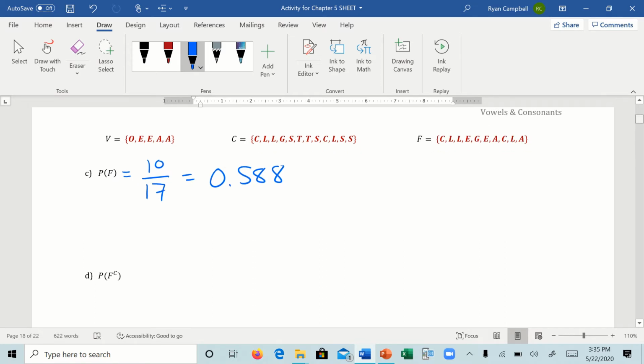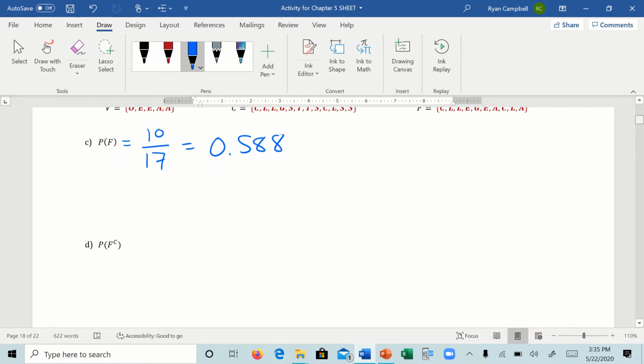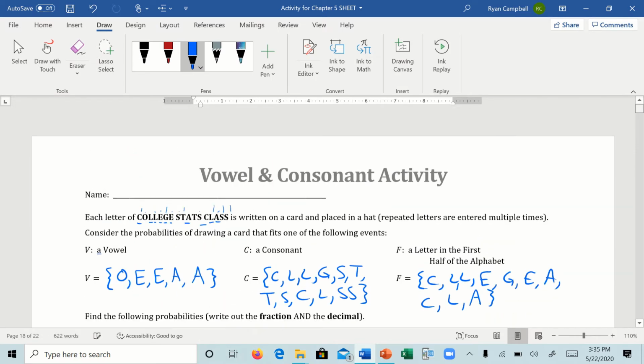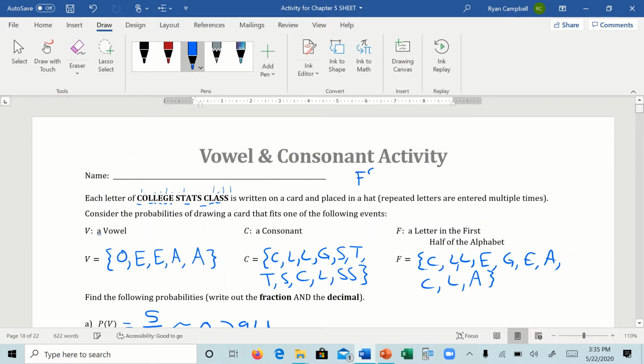All right. So now we get the probability of the complement of F, right? So remember F with the C on the top, the C means complement, so this is the opposite. So we can actually write out what F complement is. So maybe we want to do it up here, right? So F complement, these are all the letters that are not in F. So what are all the letters that aren't in F?